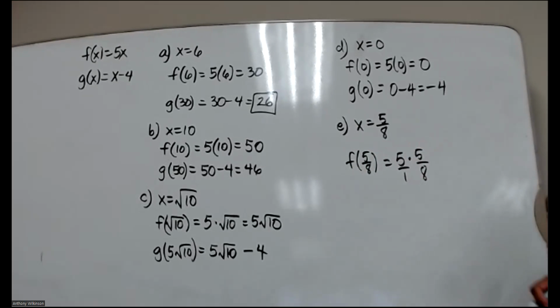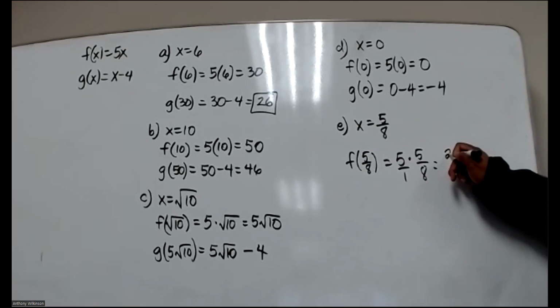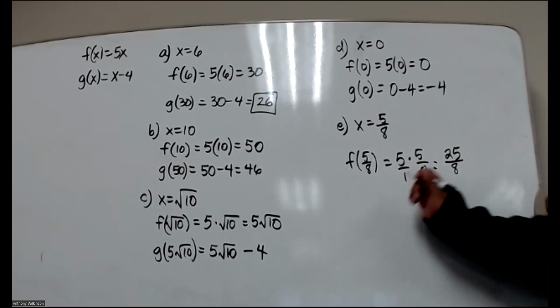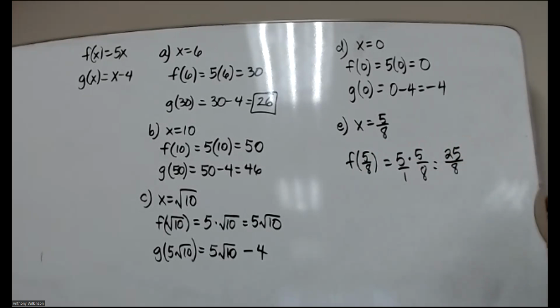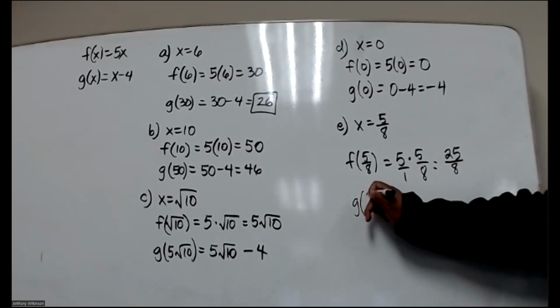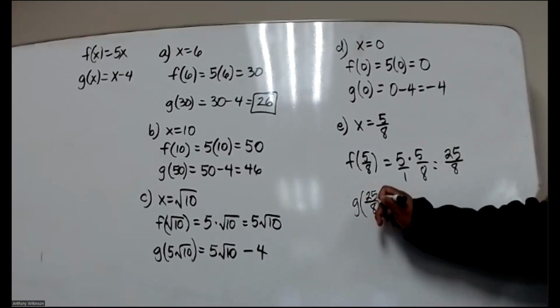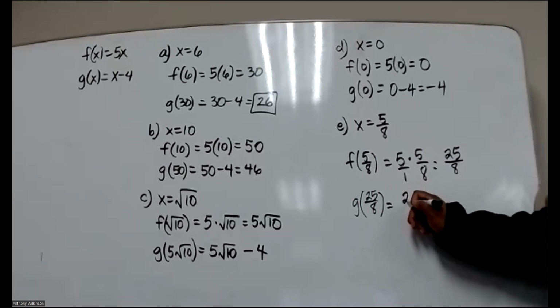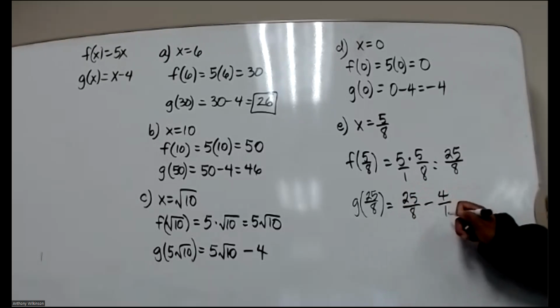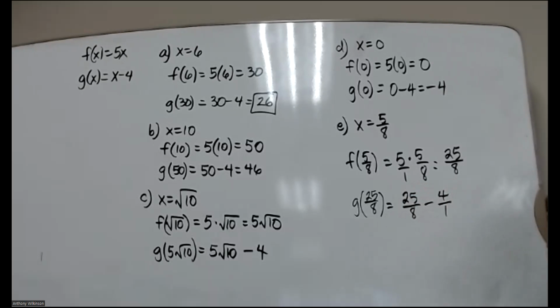So 5/1 times 5/8, that would be 25/8. And we're going to use that 25/8 for our x in g of x. So g of 25/8 will be equal to 25/8 minus 4. I'll treat that 4 as 4/1.